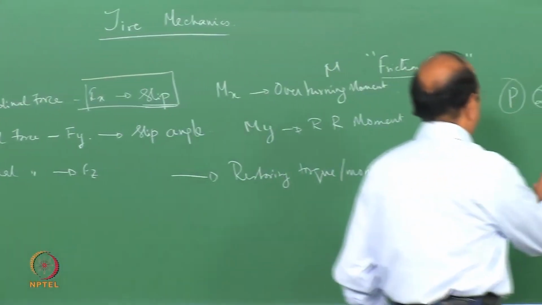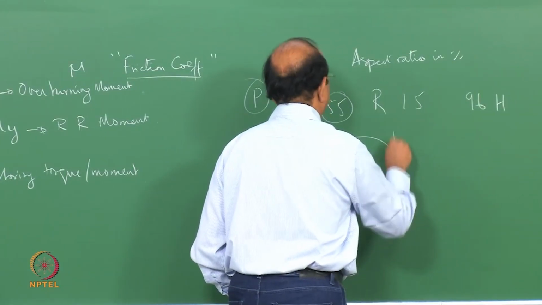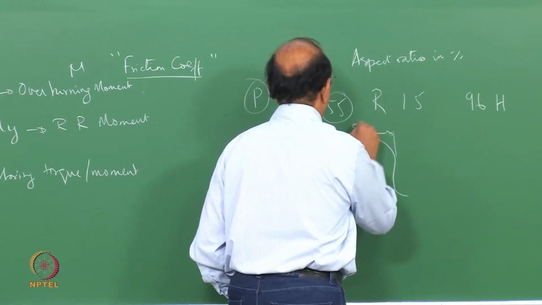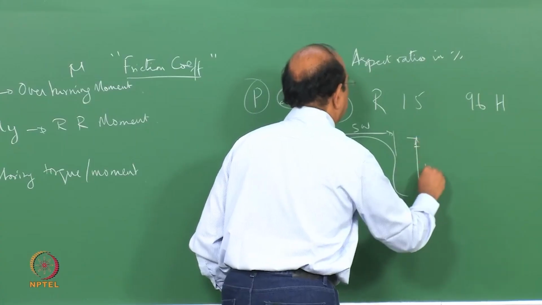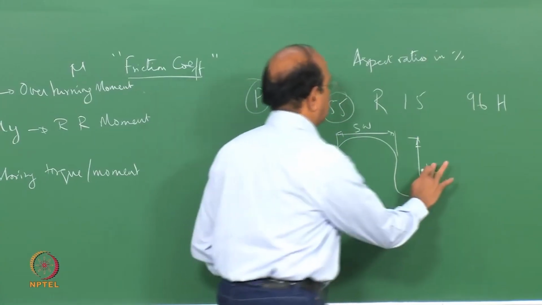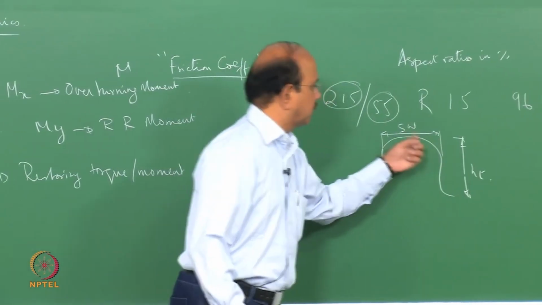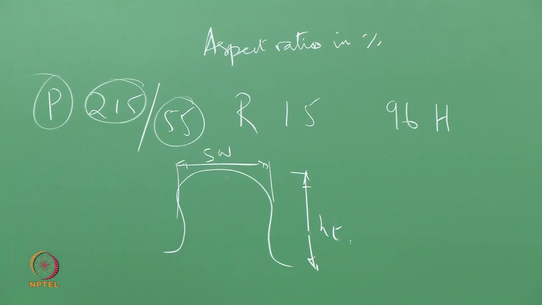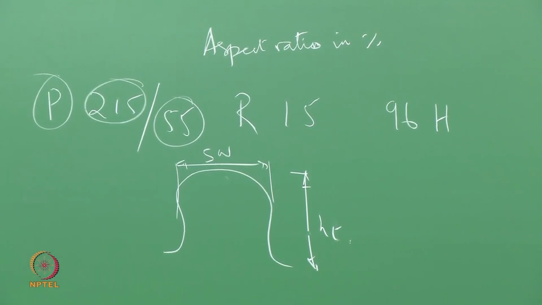So if I have a tire like this, then that is the section width, and that is the height. The ratio of the height to section width multiplied by 100 is what is called the aspect ratio in percentage.